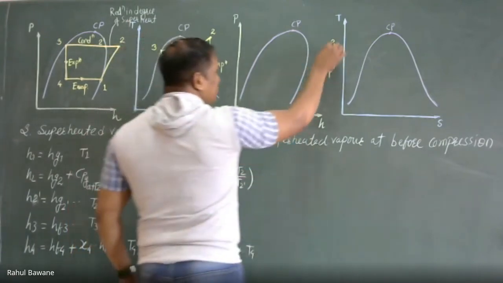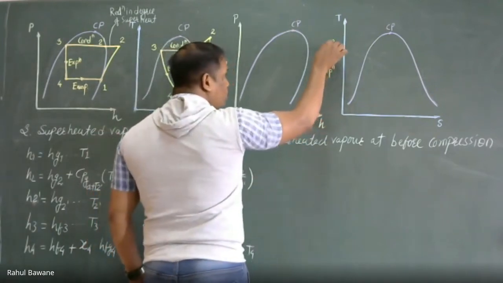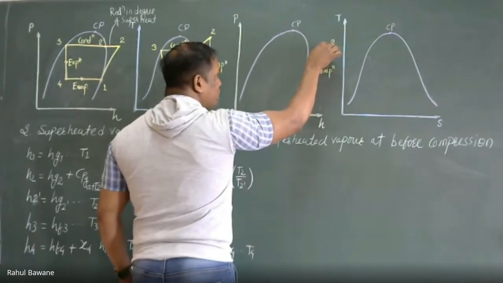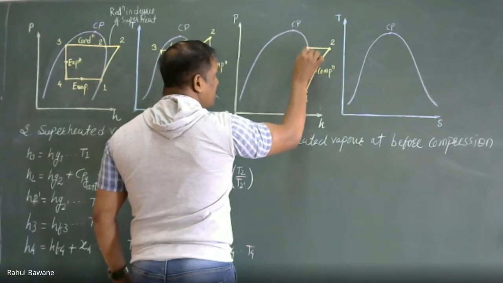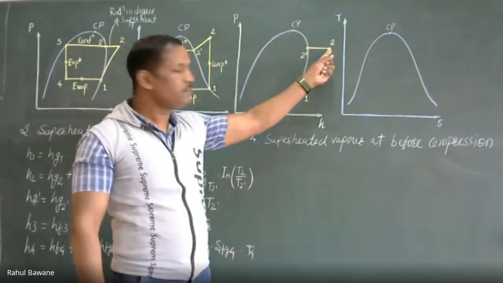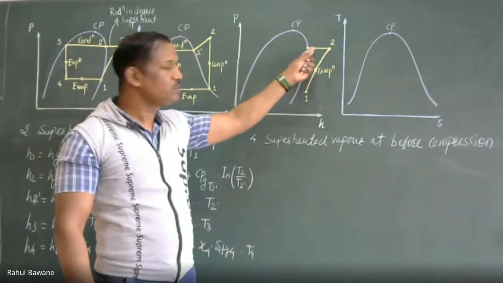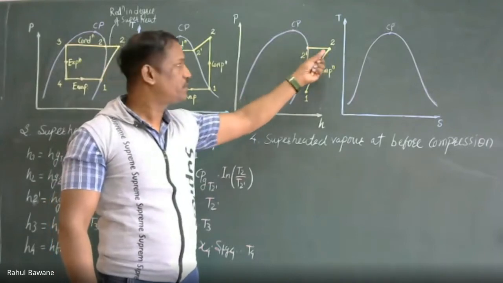Then we will supply this to the condenser, where first we remove its sensible heat, so its degree of superheat will reduce and your vapor reaches dry saturated condition. This is 2 dash. So for superheated steam, we extract sensible heat, its temperature will reduce but pressure remains the same. Constant pressure process.